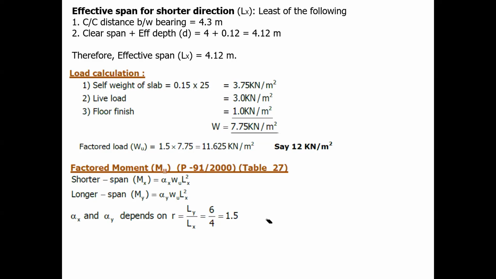They have given a case, right? So take down two adjacent edges discontinuous. You have to refer the case 4 from table number 26, page number 91.